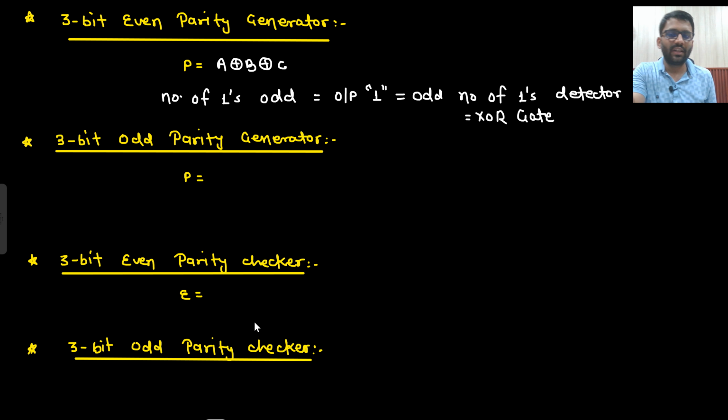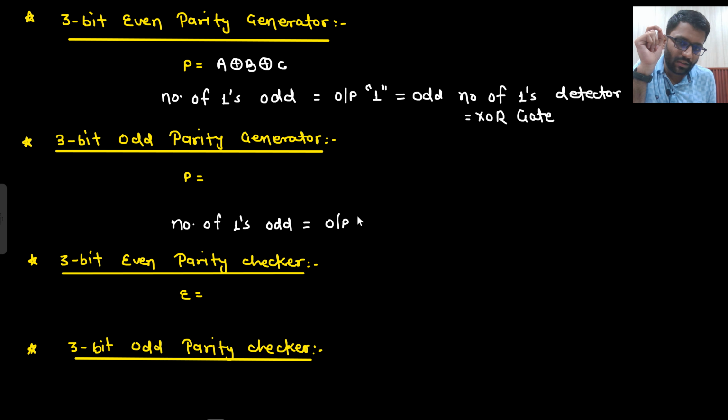What about the 3-bit odd parity generator? If the number of ones is odd, then output will be 0. What does that mean? Negation of the XOR gate, right?